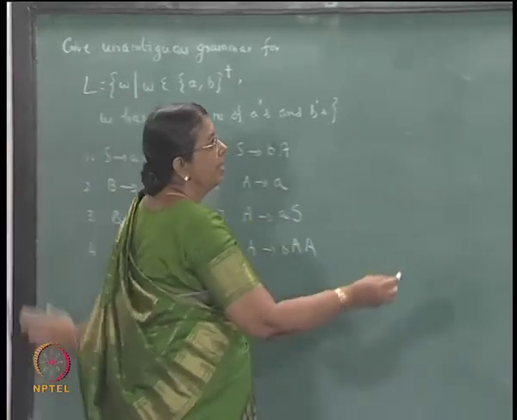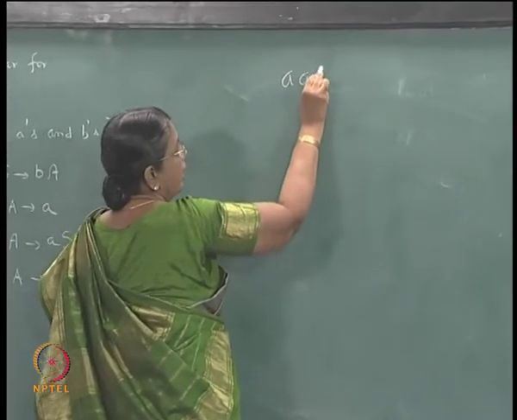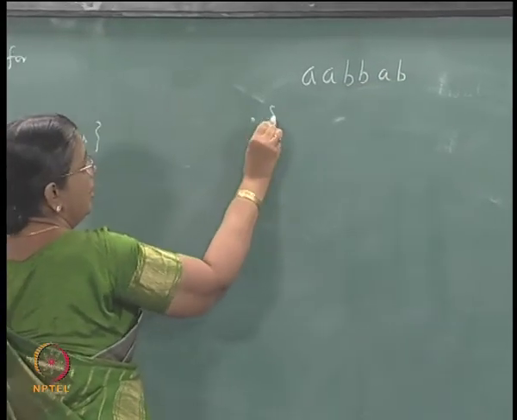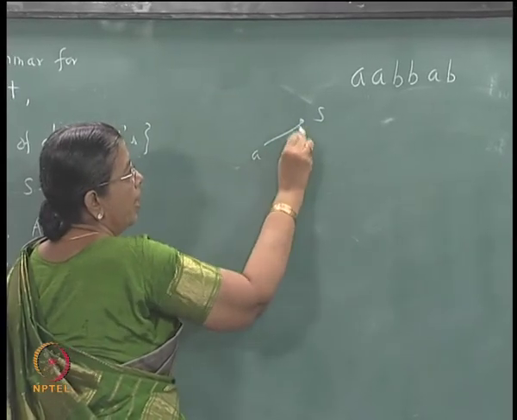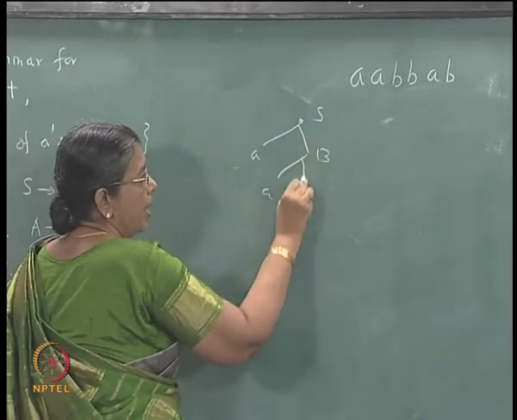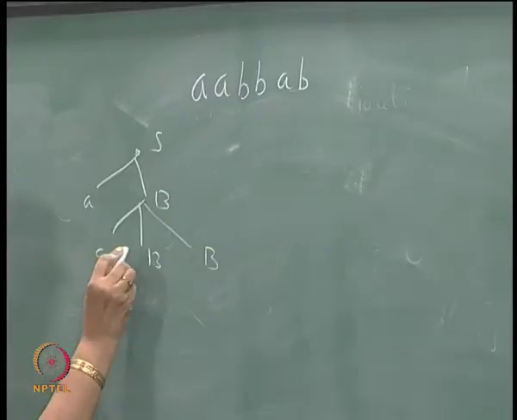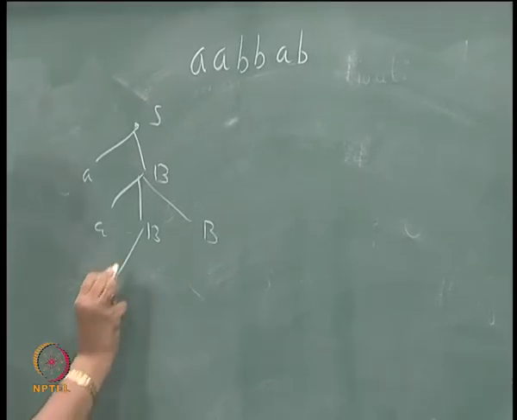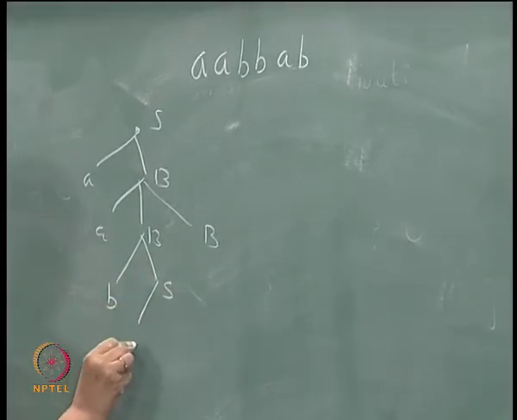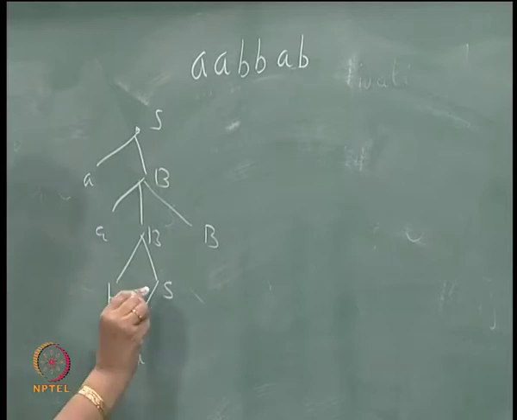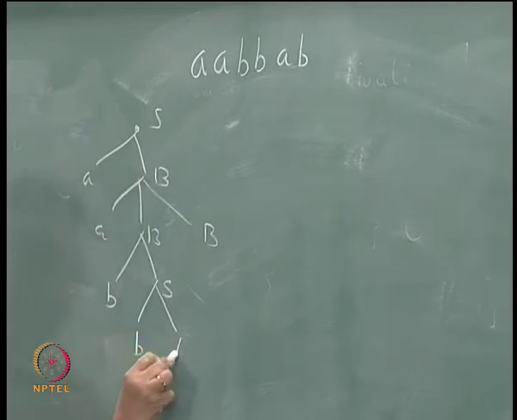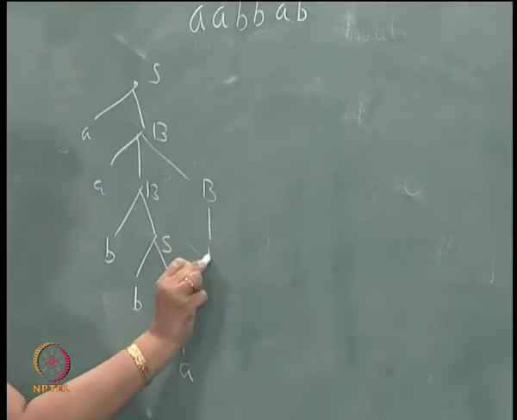And consider this is ambiguous, because if you consider the string ABBAB, there are two derivation trees possible. S goes to AB, then ABB, then this one you can have as B goes to BS, S goes to BA, A goes to a, B goes to b.